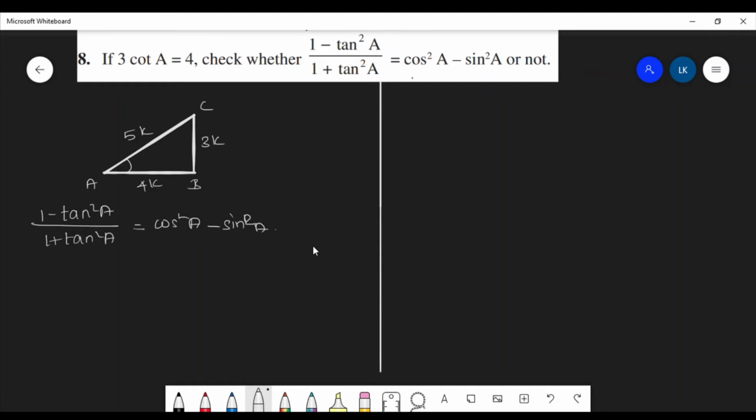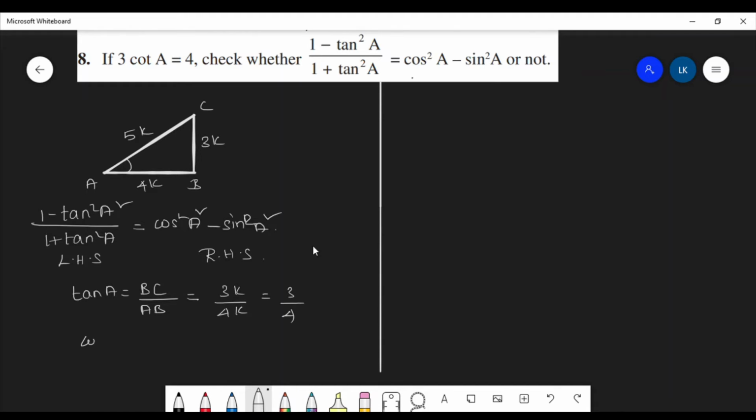Let us consider this as LHS and this as RHS. For LHS we have to find tan A, cos A and sin A. Tan A is opposite side BC by adjacent side AB, which is equal to 3k by 4k, which is 3 by 4.